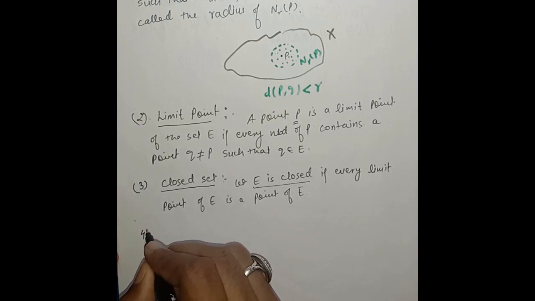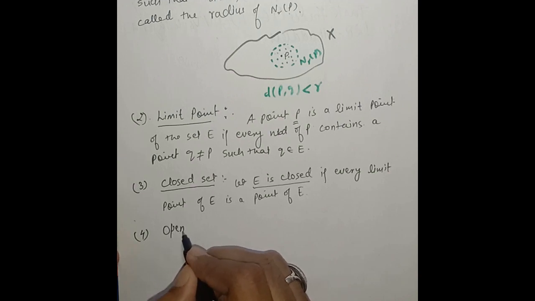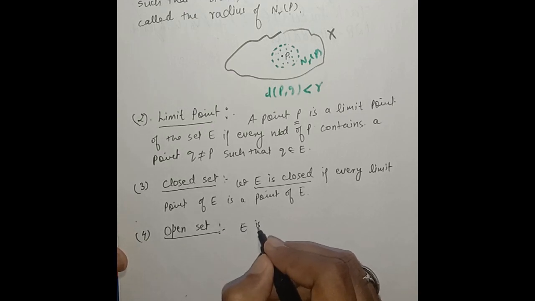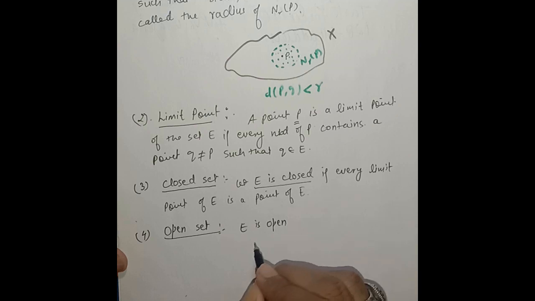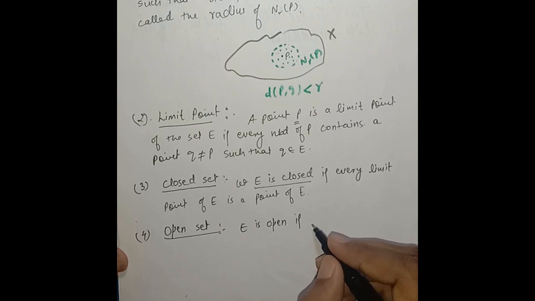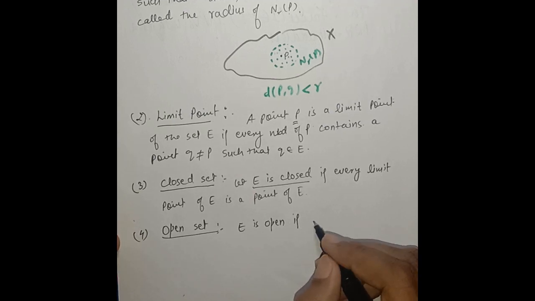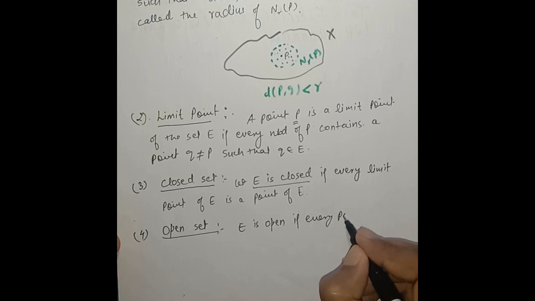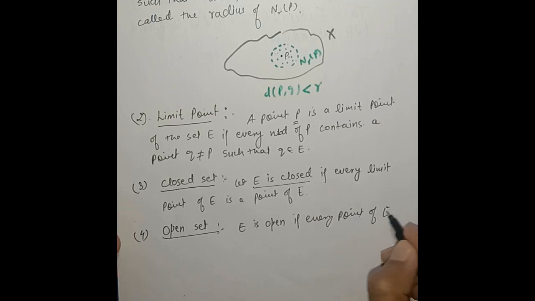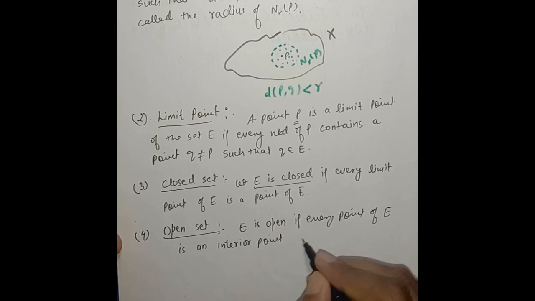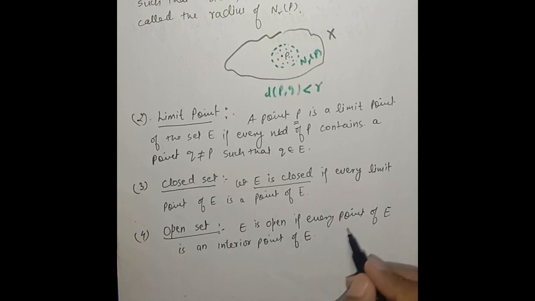Now the next definition is open set. E is called open if every point of E is an interior point of E. And what is the interior point?